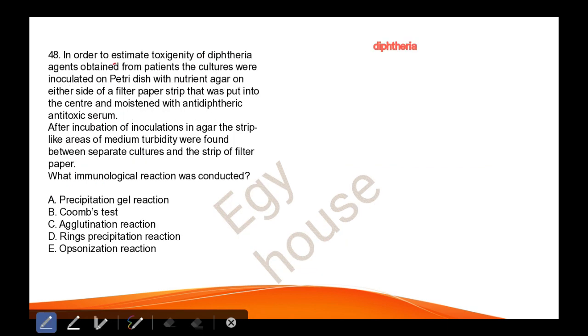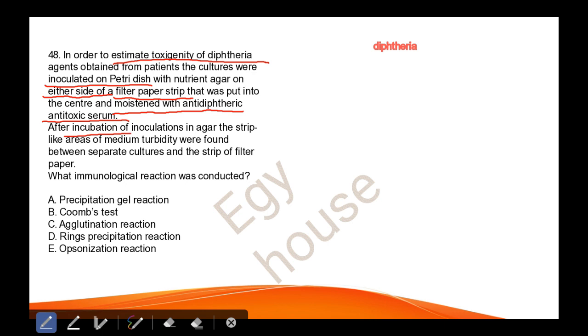We wanted to estimate the toxicity of diphtheria, and we inoculated on a petri dish on a nutrient agar the diphtheria bacteria on either side of the filter paper strip, and we moistened this paper strip with anti-diphtheric antitoxic serum. We incubated it.